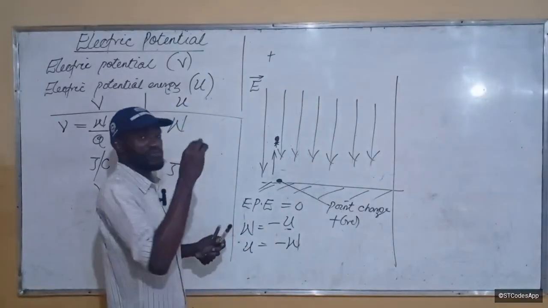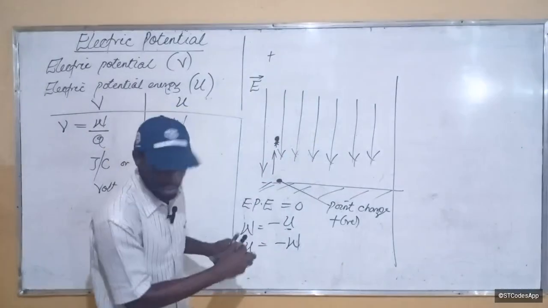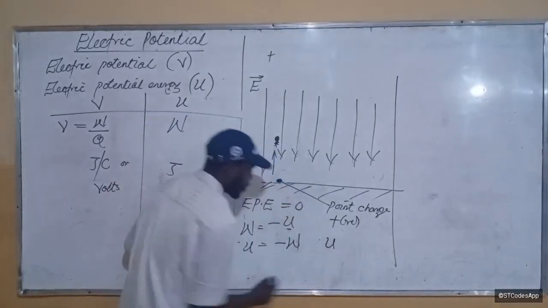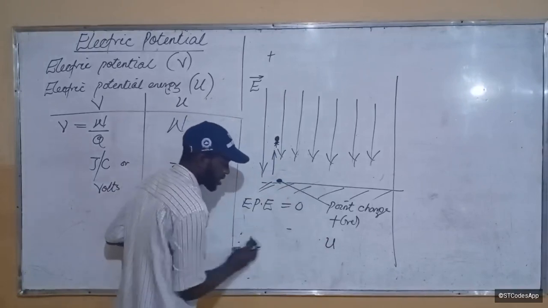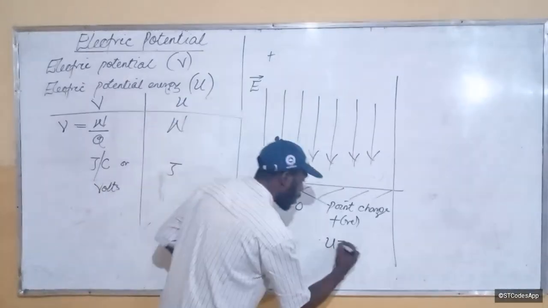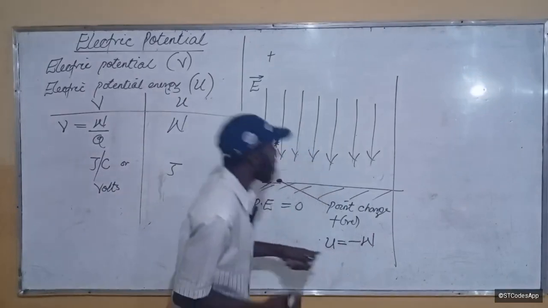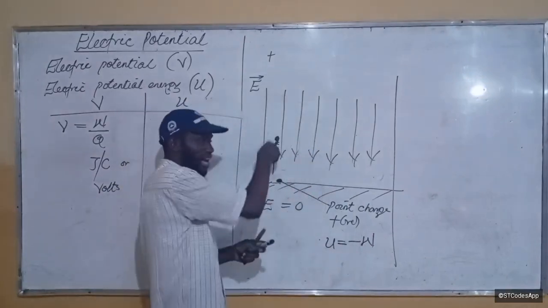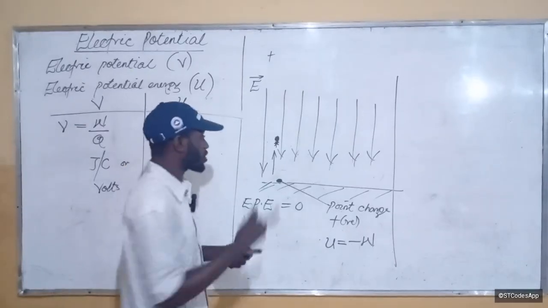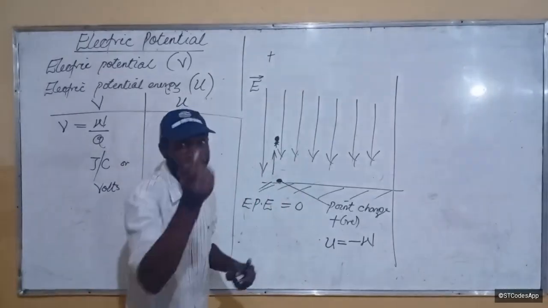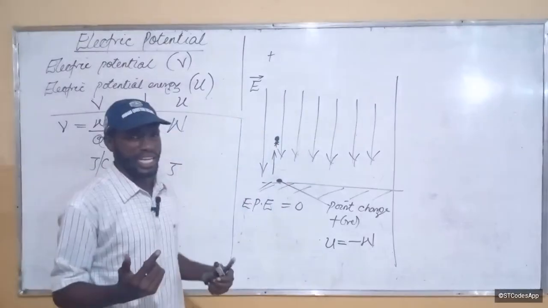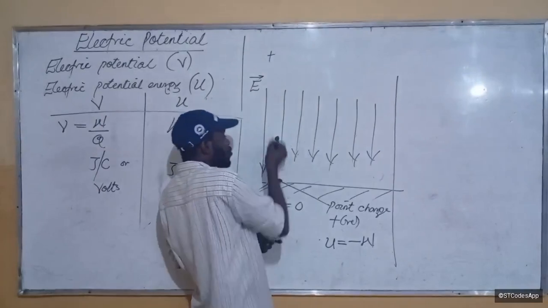Since the force is moving this charge against the field, the electric potential energy U of this charge, the energy stored in the charge, will be equal to the negative of the work done by the field on the charge. Is that clear? Why? Because the field is doing negative work on this charge, since the charge is being moved against the field.